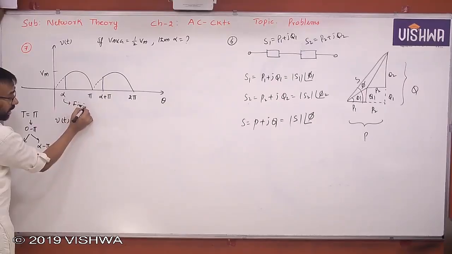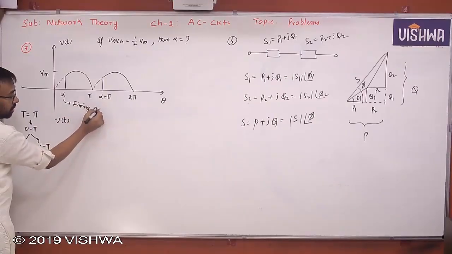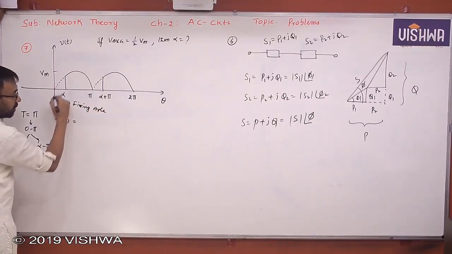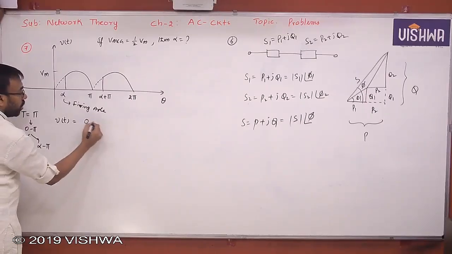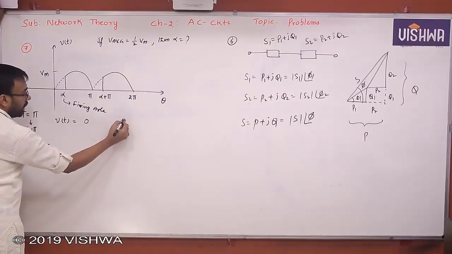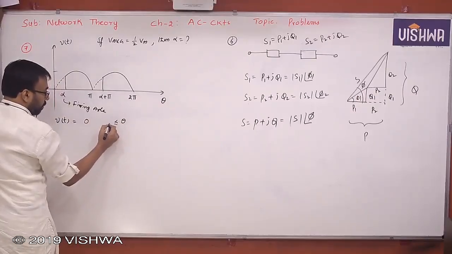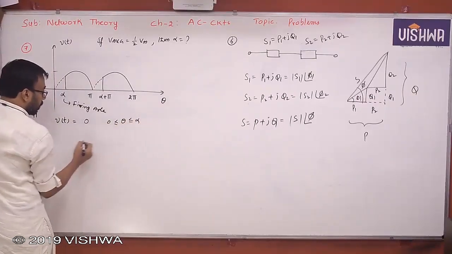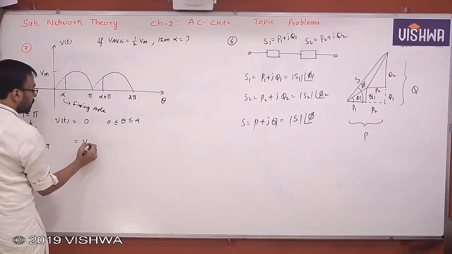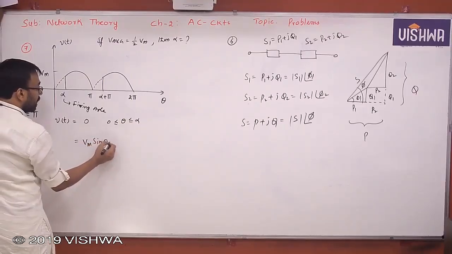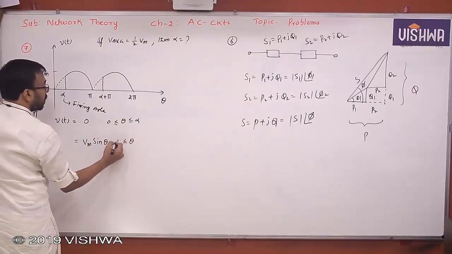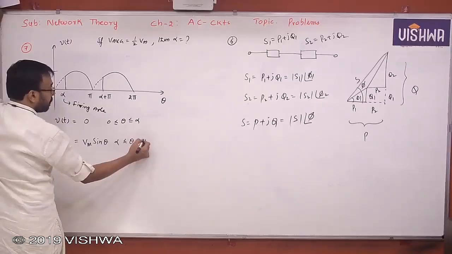Okay, it is a firing angle. So when you have the firing angle, it is 0 for theta between 0 to alpha. It is V max sine theta for theta between alpha and pi.